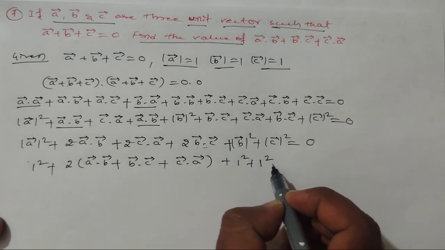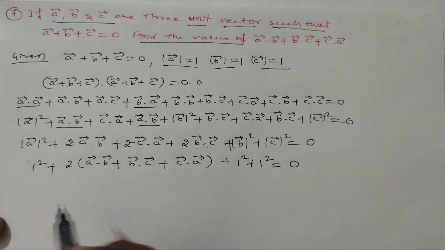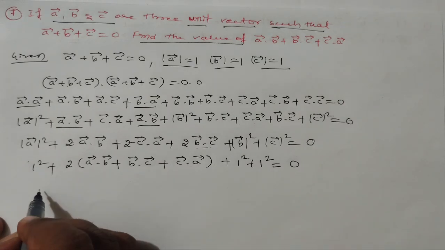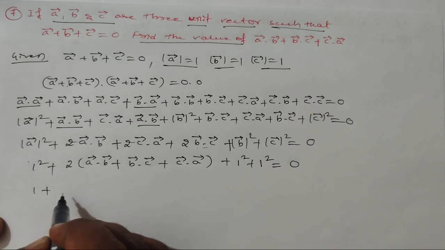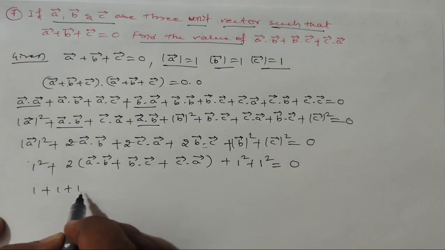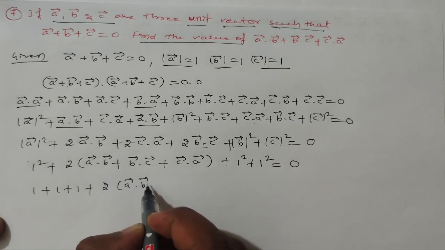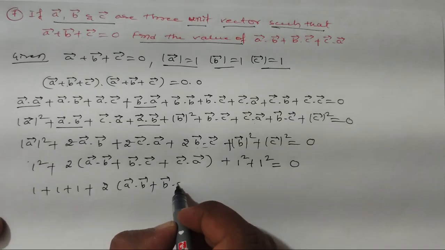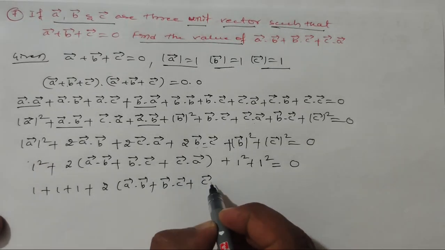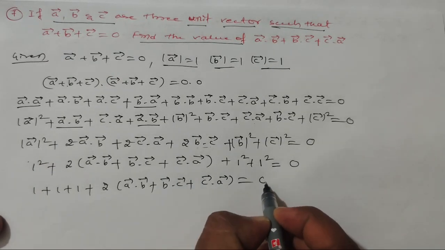Magnitude of c is 1, 1 square equal to 0. That is equal to 1 square becomes 1, right? 1 plus 1 plus 1, 2 into a vector dot b vector plus b vector dot c vector plus c vector dot a vector equal to 0.